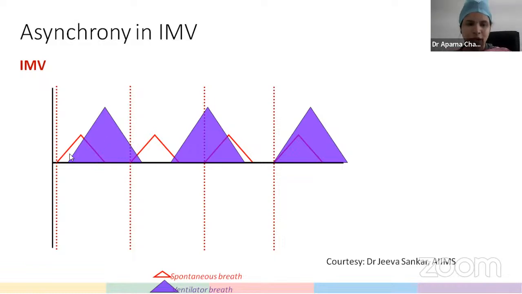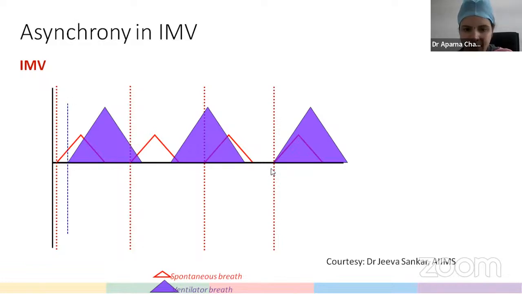And hence you can appreciate, like in the first triangle, when the patient begins inspiration, the ventilator has not begun inspiration. It is beginning inspiration much later, in the beginning of the violet square. So there is asynchrony. Likewise, when the patient begins expiration, the ventilator is still delivering inspiration. So this also results in asynchrony.